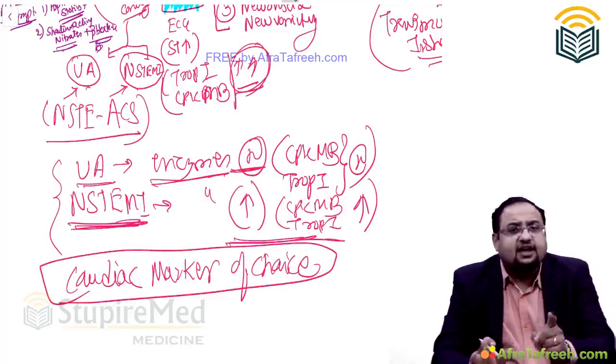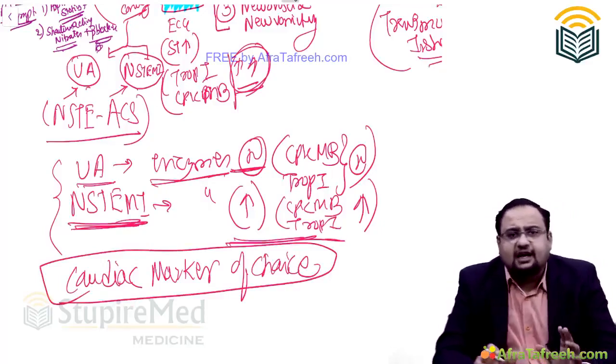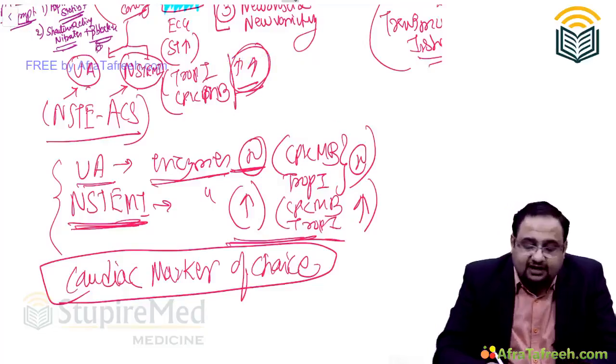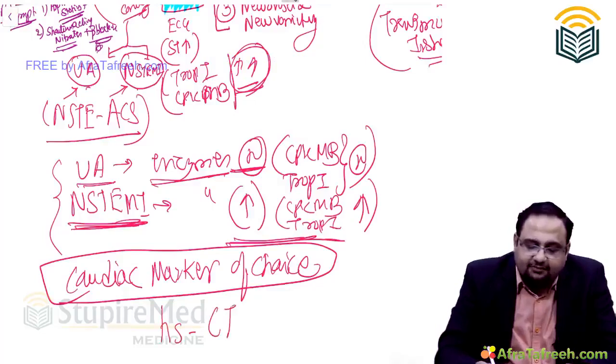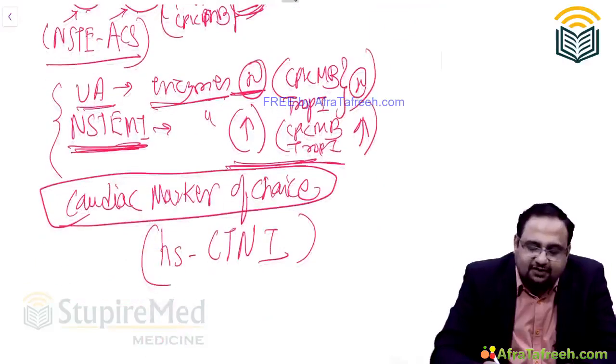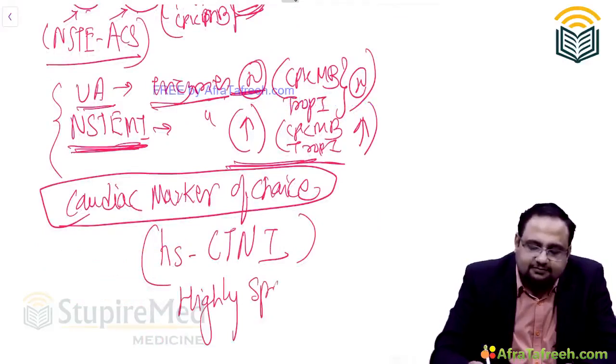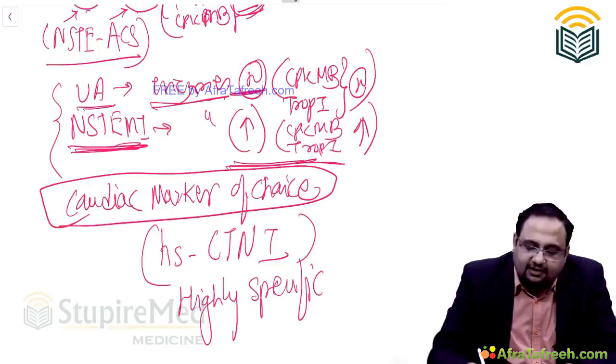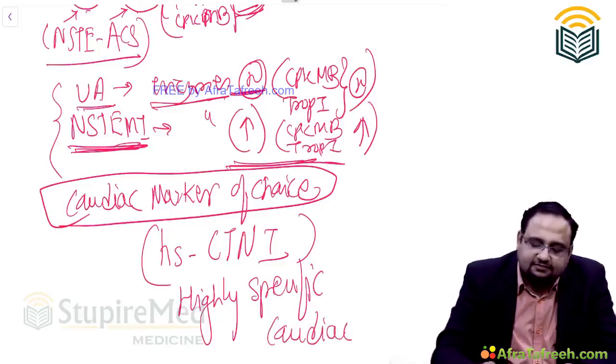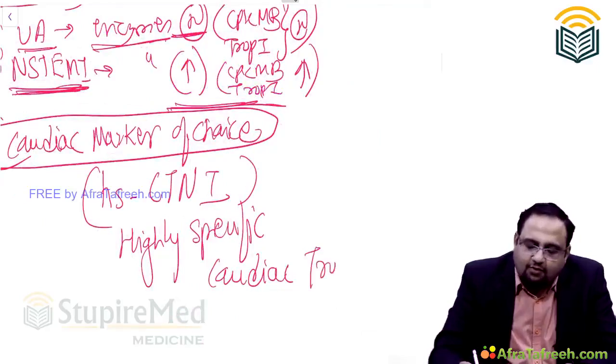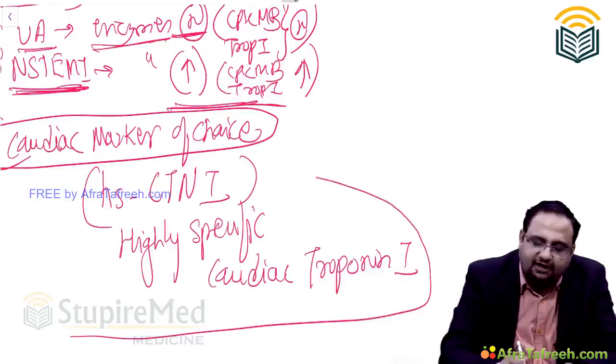I repeat, whether it is fresh MI or recurrent MI, it is always none other than HS cardiac troponin I. Quantitative levels, I repeat, highly specific cardiac troponin I. So this is very important, remember.